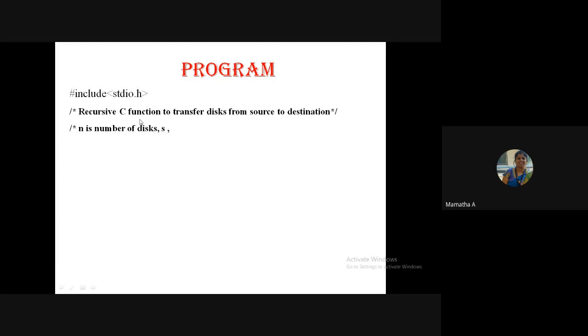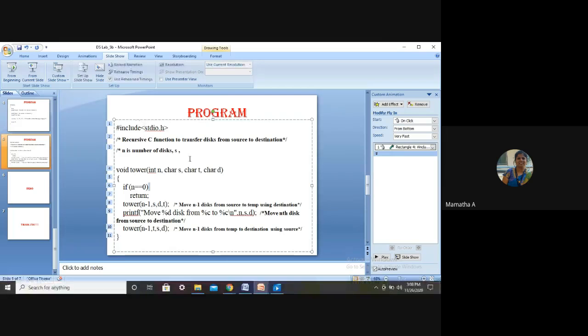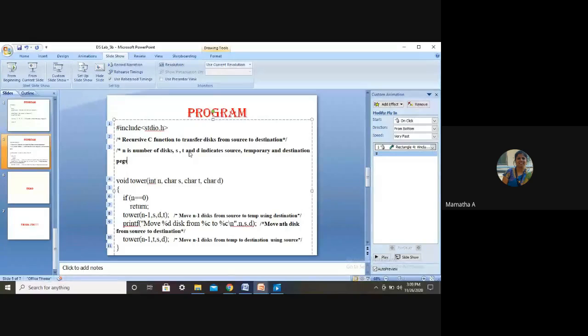In the recursive function, n indicates the number of disks, S indicates the source peg, T indicates the temporary peg, and D indicates the destination peg. You can give your own names. I have just given these names; it's left to your convenience.